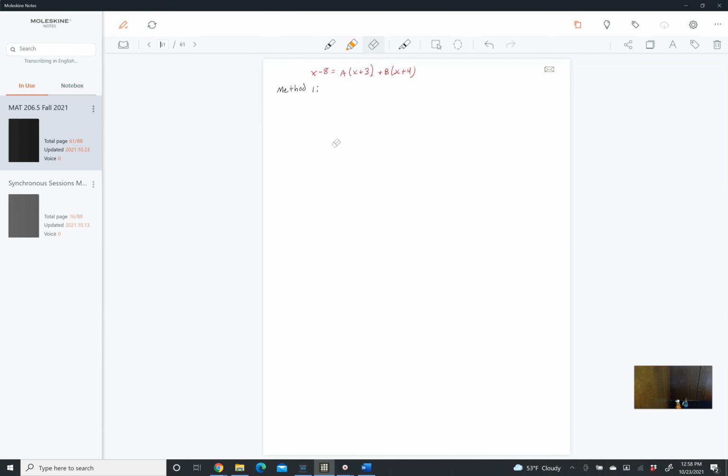So method 1: plug in values of x to eliminate constants, all but one of them.